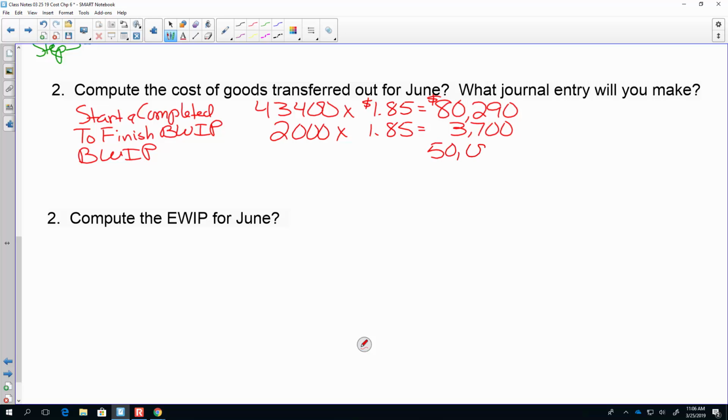So now I gotta add all three numbers together to get our amount of transferred out cost, 133,990.